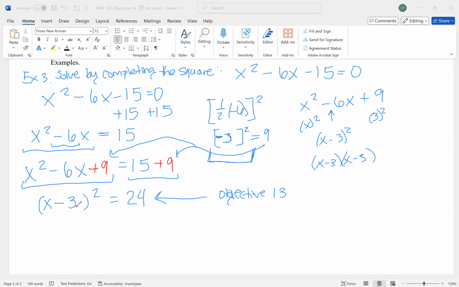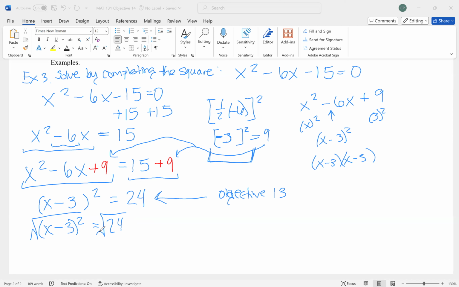So since we have something squared, we can now take the square root of it, okay? So after we do all of the completing the square business, we then pick up with objective 13, okay?